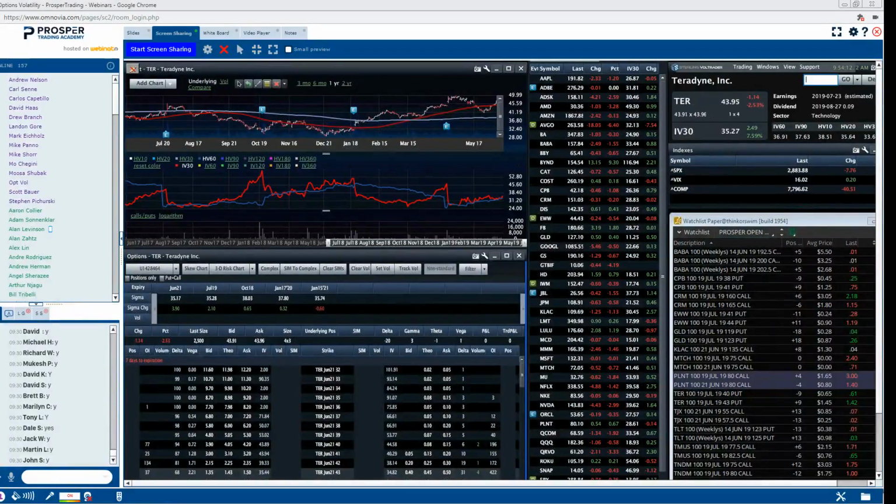Okay, it's part calendar because we're using two different expirations. And it is part vertical because we're using two different strikes.